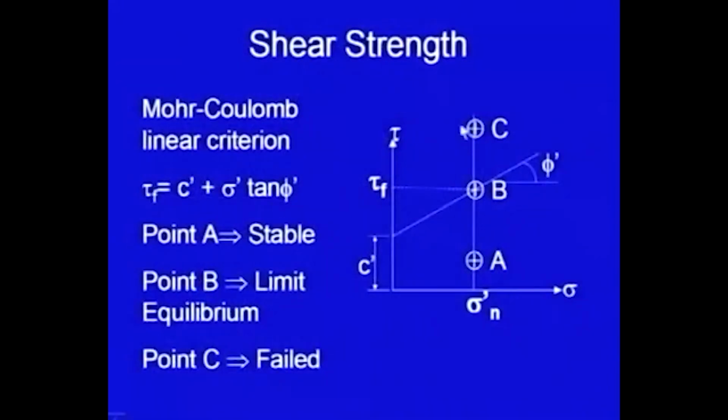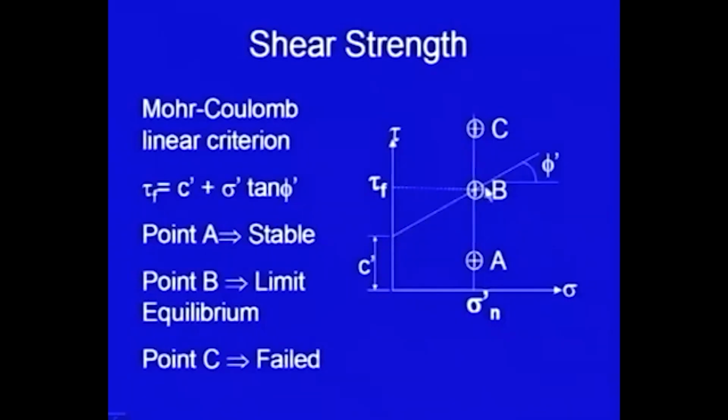Come to the point C. Here the shear stress is quite large compared to the strength. So, it is not possible. If there is a condition in the field where the shear stress has exceeded the shear strength, it should have failed. So, this means it is already failed.